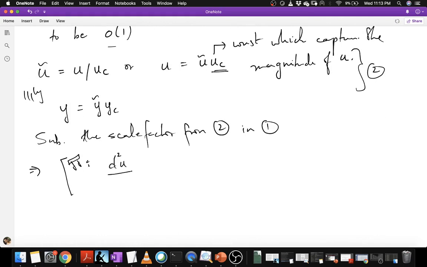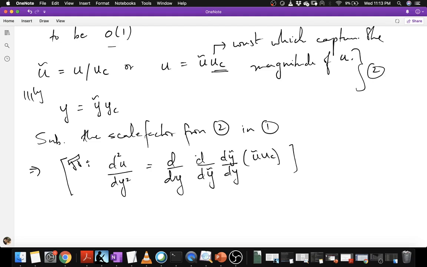So d square u by dy square can be written as d dy times d dy tilde by dy of u, which can be directly replaced by u tilde uc. So far I've only replaced one of the dy derivatives by a derivative with respect to y tilde.